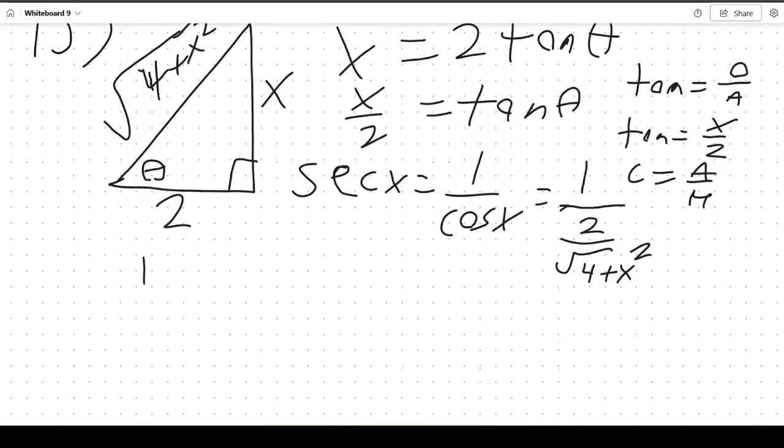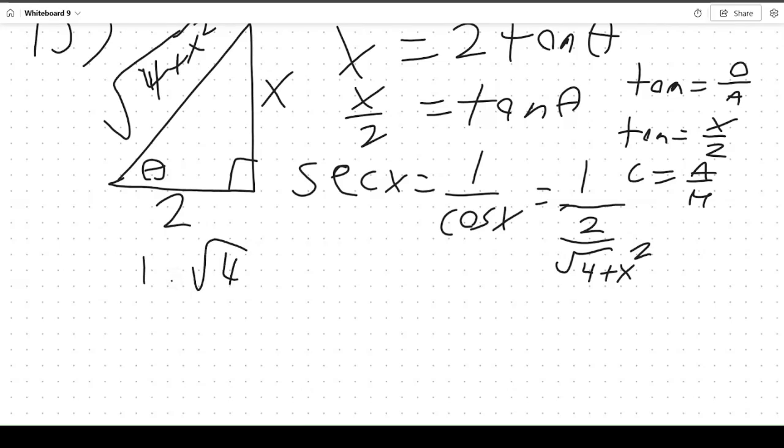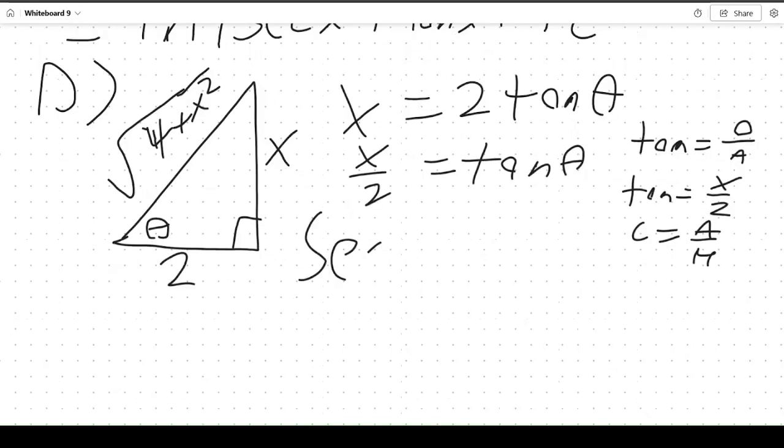We can multiply the reciprocal. So it'll just be square root of 4 plus x squared over 2. So secant is equal to the square root of 4 plus x squared over 2.